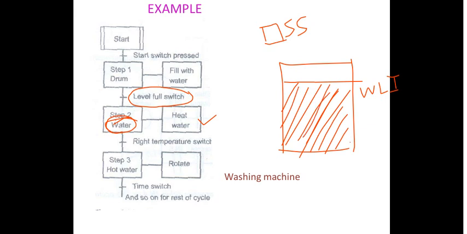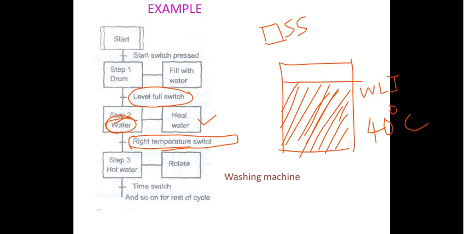So therefore the heated water, the temperature which is reached, or the hot water, is the third variable here. First is the drum, second one is the water, now the third one is the hot water. So now when you have the hot water at a desired degree centigrade, then you will have to start the washing machine.